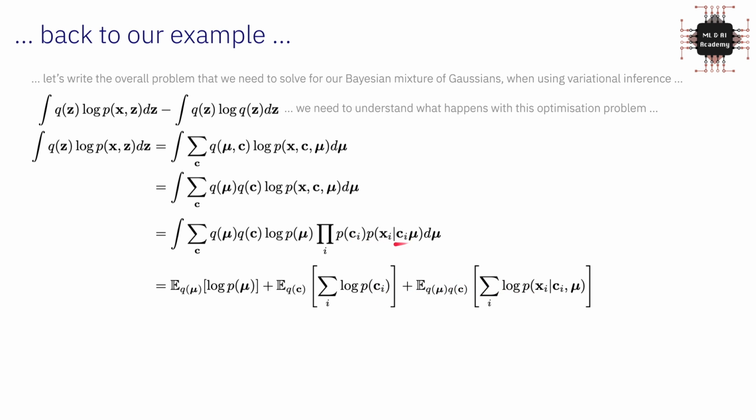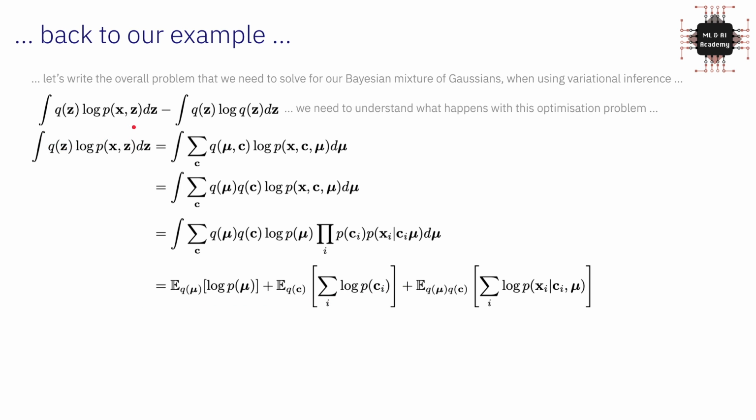Lastly, for this term here, we have the same idea. Log of the product of p of xi given ci is nothing but the summation of log of p of xi given ci. And now we also have the integral and the summation of q of mu and q of c. Please notice that this will depend on both c and mu, and that's why we have expectation over both.